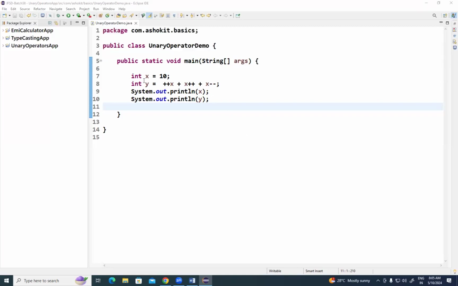Could you tell me what the output of this expression is? What is your answer? What is the value of x and what is the value of variable y?